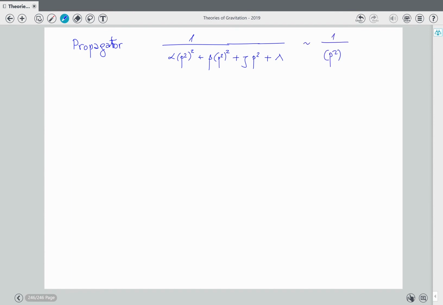This goes like 1 over p squared squared. So let's say that this is p. If you differentiate p with respect to zeta, how does that behave at infinity? If you differentiate that with respect to zeta, you square the denominator, and in the numerator you have the differentiation of the denominator with respect to zeta, so you have that.